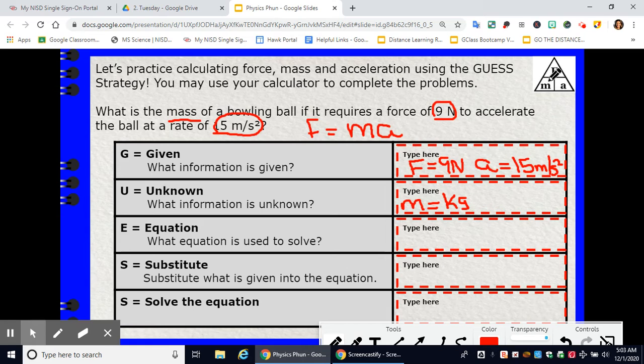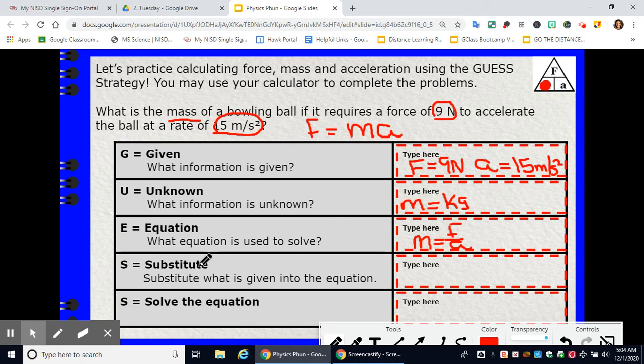We want to solve for mass. So let's cover up our mass, the variable we're solving for, and our formula will read force divided by acceleration. So I'm going to come down here now and write my equation for mass. Mass equals force divided by acceleration.